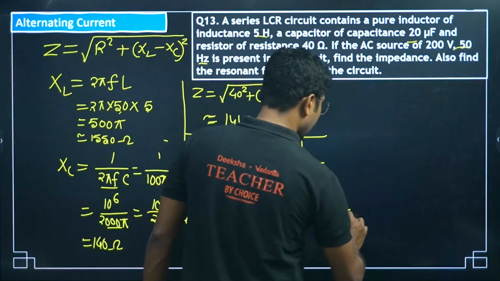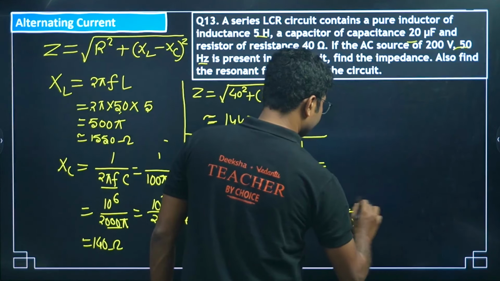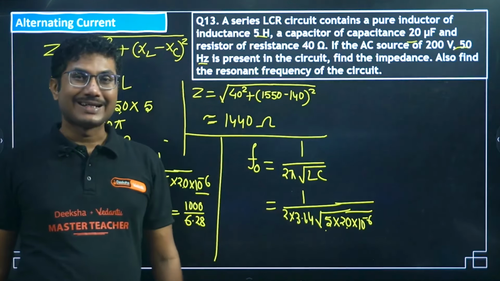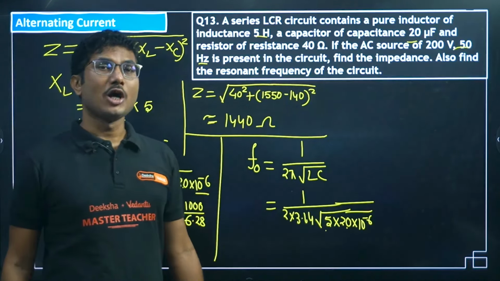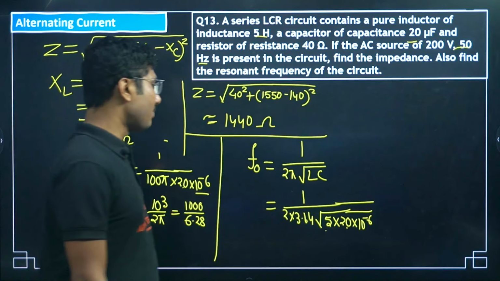capacitance is 20 into 10 to the power of minus 6. Now, 5 into 20 is 100, 100 into 10 to the power of minus 6 is 10 to the power of minus 4. 10 to the power of minus 4 square root is 10 to the power of minus 2.